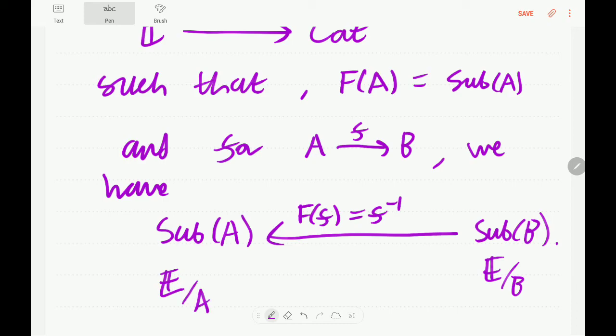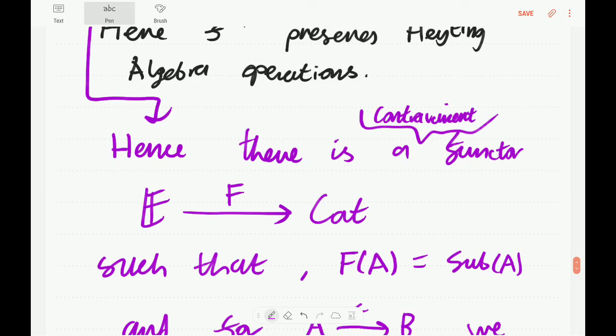I mean, we don't necessarily have to work in a topos to do a lot of this stuff. We can define sub A for any object in any category. It's just that some of these functors might become pseudo functors.